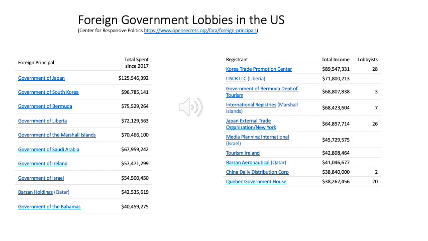You have the usual suspects of Saudi Arabia and Israel, which has a lot to do with security policy. I imagine Qatar has a little bit to do with that as well. And then you have countries like Ireland, which rely a lot on American tourism. So these are some of the top 10 countries in terms of spending on lobbying in the U.S.